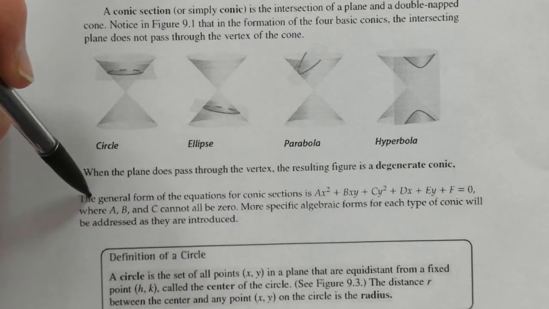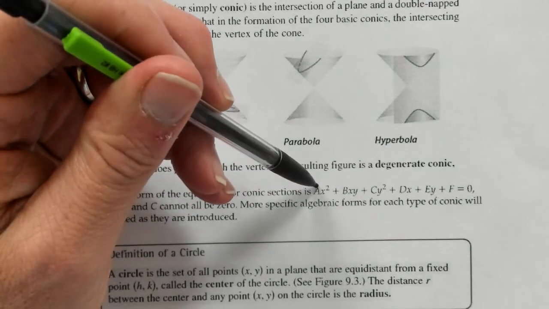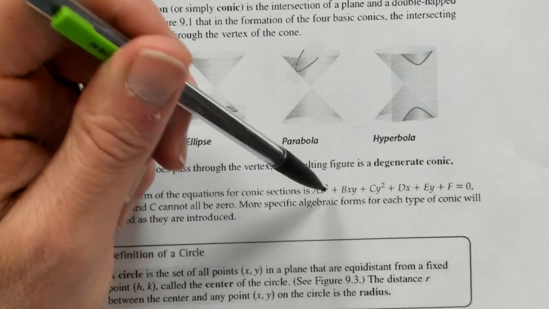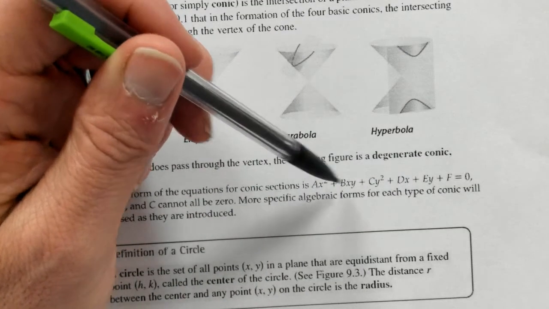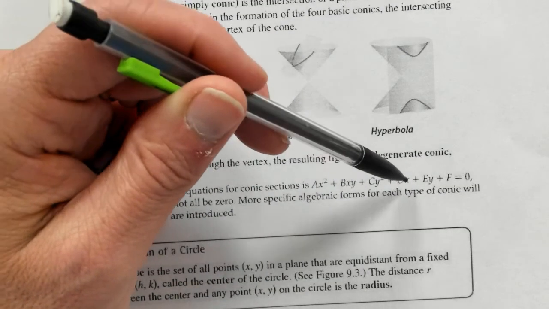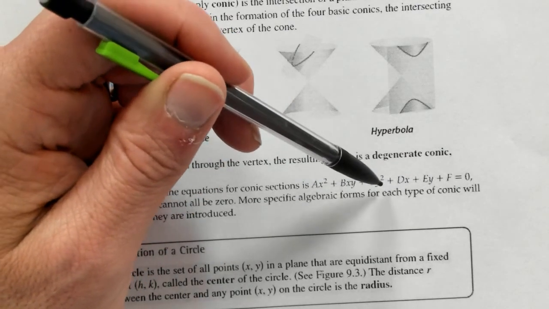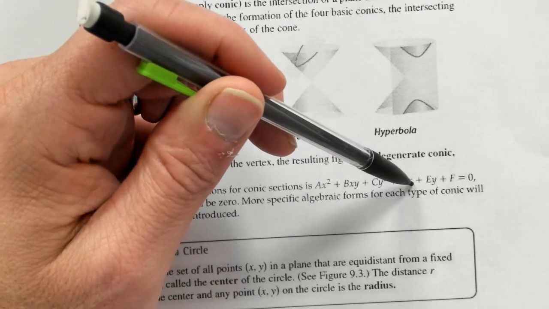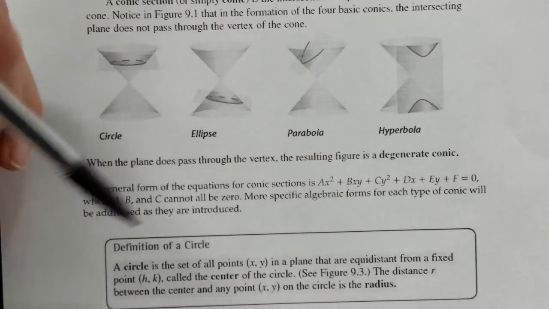Now, the general form for the equations of conic sections would be this, where you've got your coefficients a, b, c, d, e, f, and then each of the variables in descending order: x squared, xy, y squared, x, y, and then the term without any variable at all, set equal to 0.